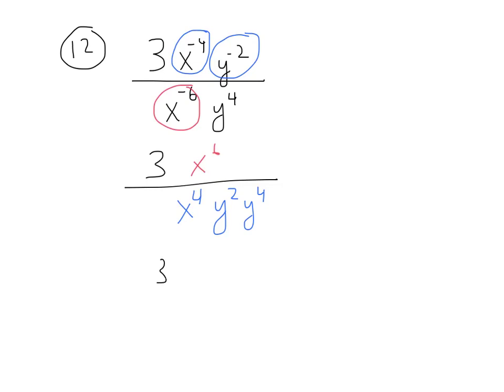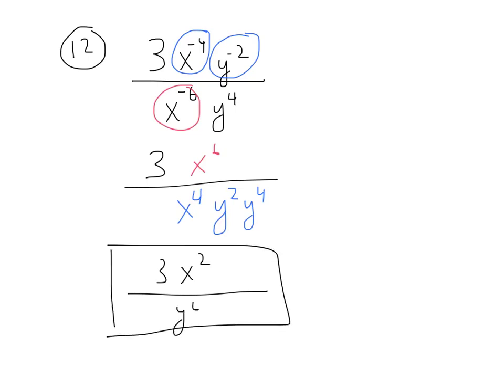Right, we've got 3, and then let's think about this. What is x to the 6th divided by x to the 4th? Right, well that is x squared on the top. And then down here, y squared times y to the 4th is y to the 6th. So your answer is this, 3x squared over y to the 6th.